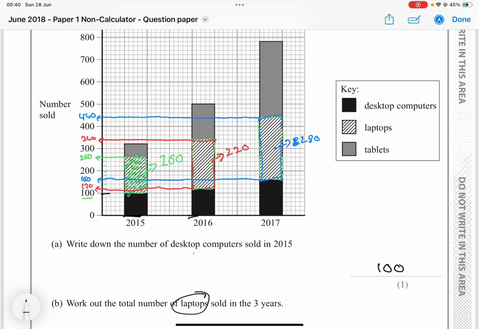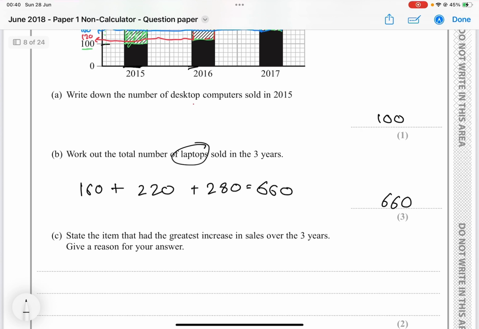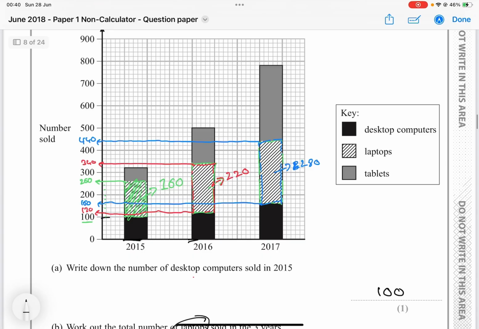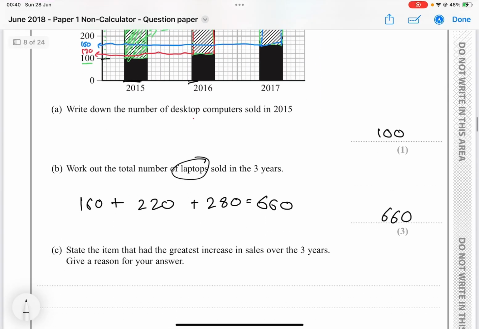Okay, part C, state the item that had the greatest increase in sales over the 3 years. Give a reason for your answer. Clearly we can see that it's tablets.